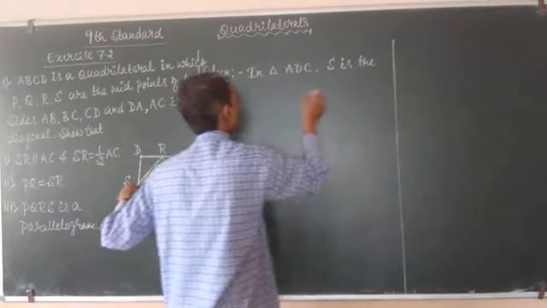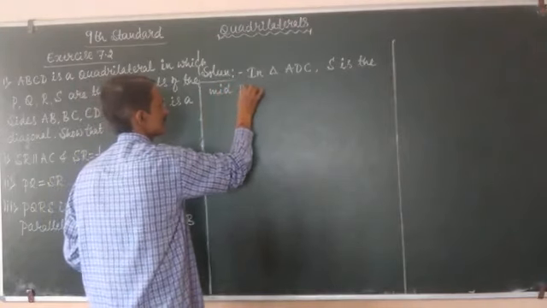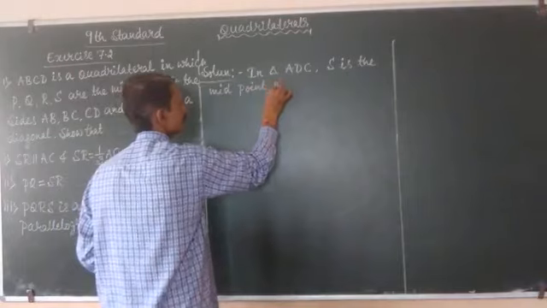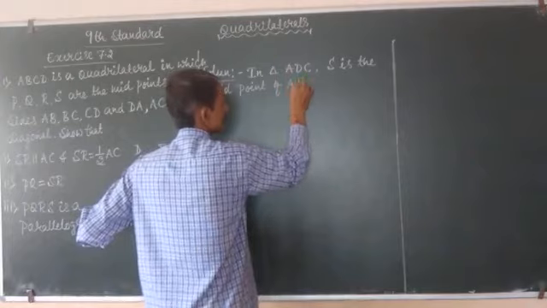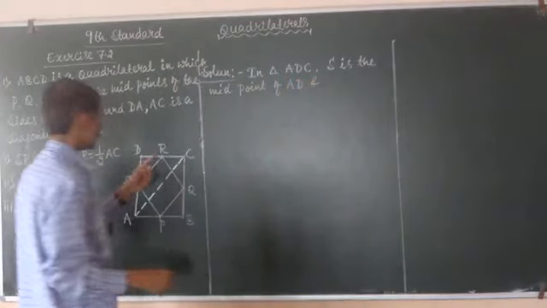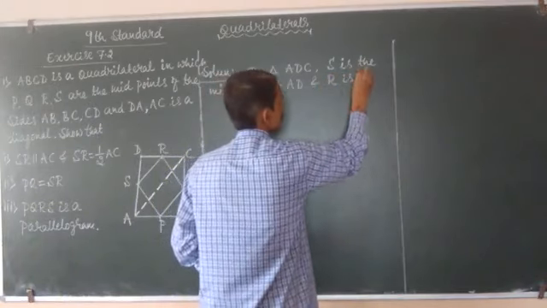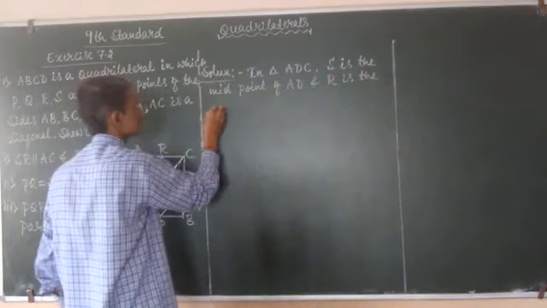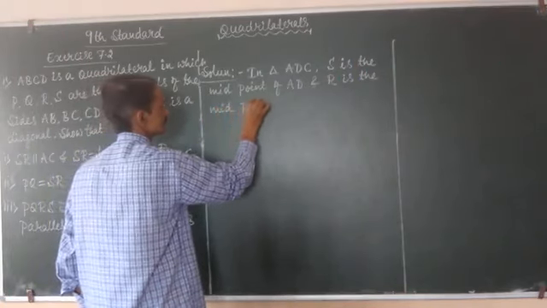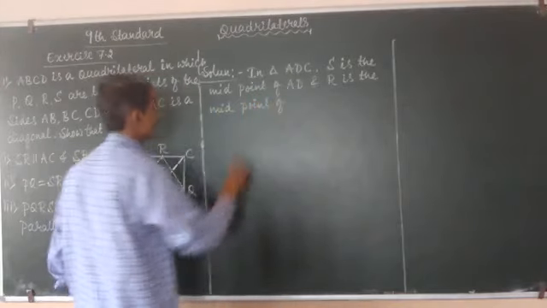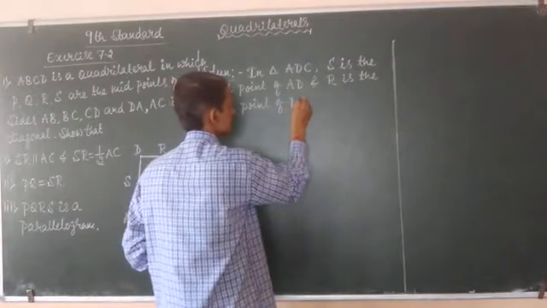In triangle ADC, S is the midpoint of AD, and R is the midpoint of the side DC.